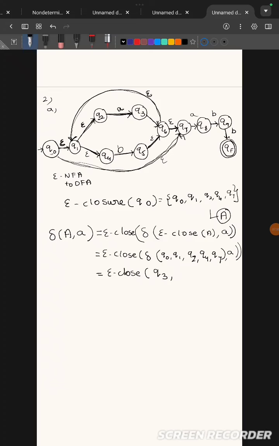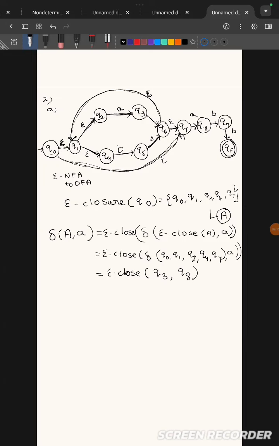Q4 doesn't have a transition on a. Q7 is having a transition, right? Q7 on reading a is going to Q8. So these are the two states we have got after finding the transition for small a.